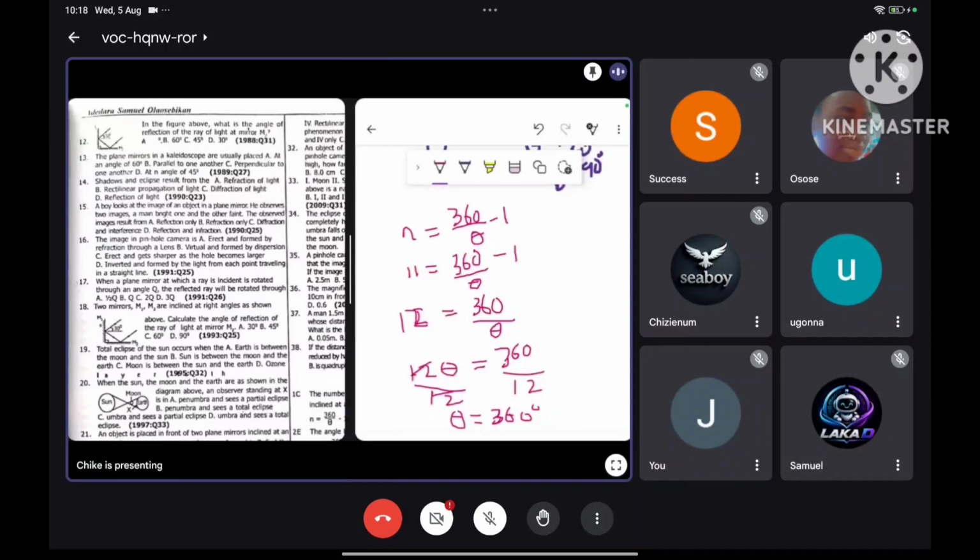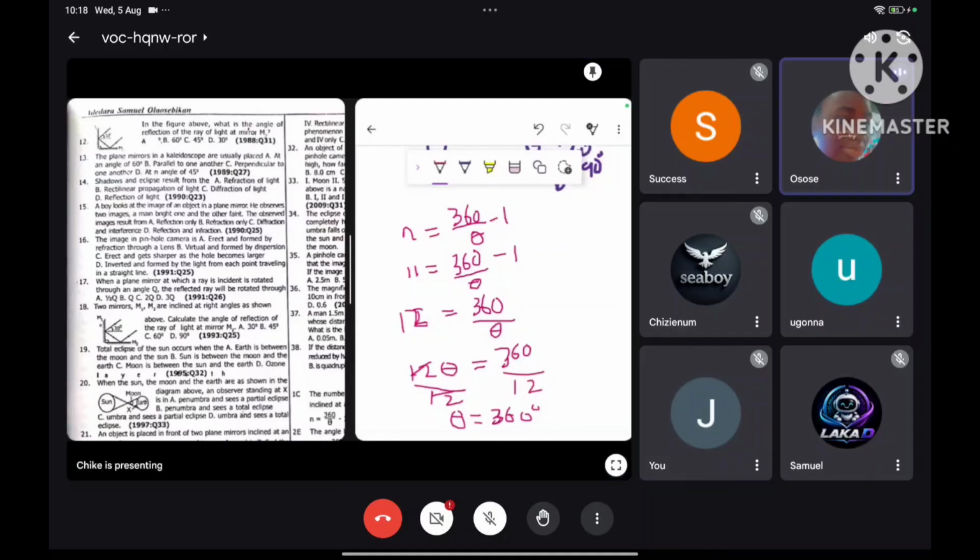Okay, let's do question 13. Question 13 says the plane mirrors in a kaleidoscope are usually placed at what angle to each other? I made mention of that briefly, though I didn't write it in the note. Who can tell us? The plane mirrors in a kaleidoscope are usually placed at what angles to each other?